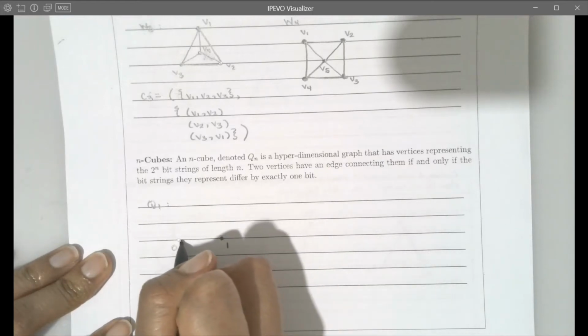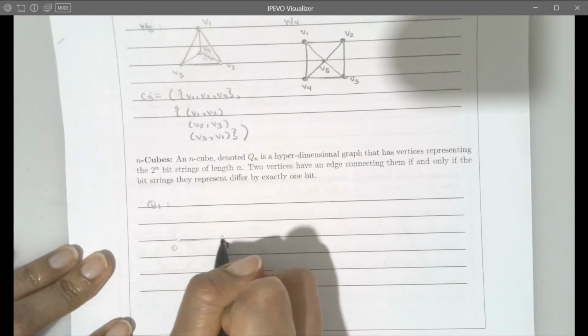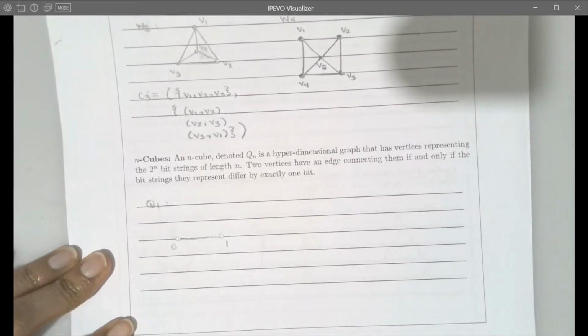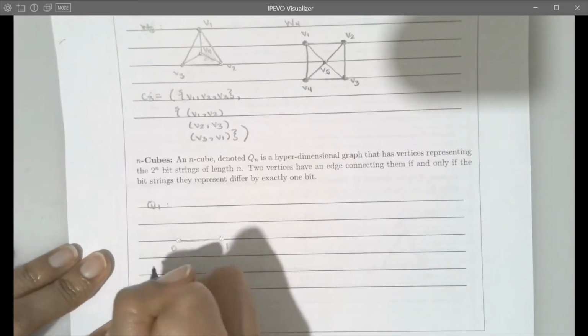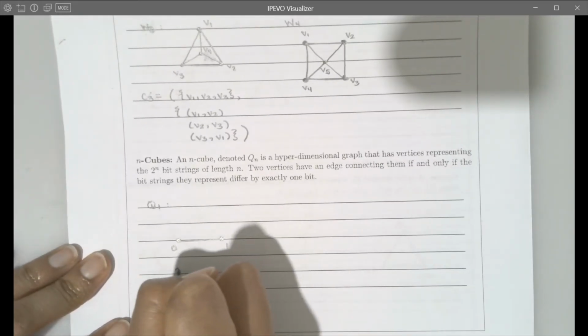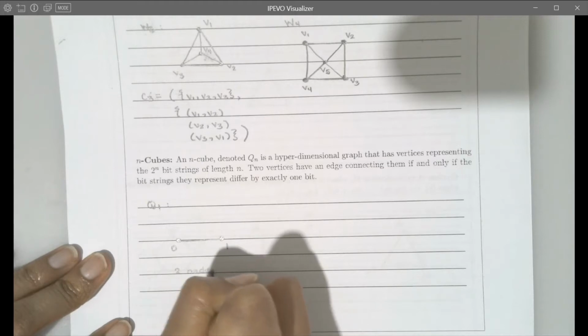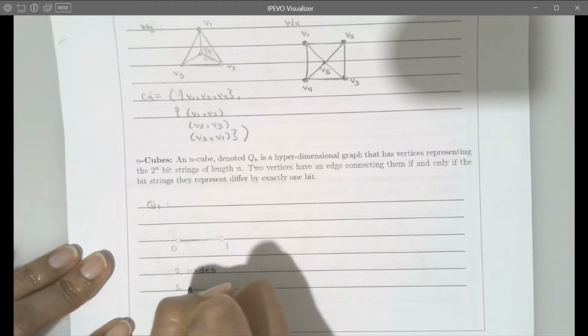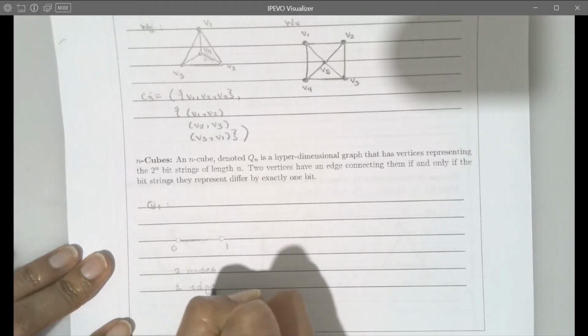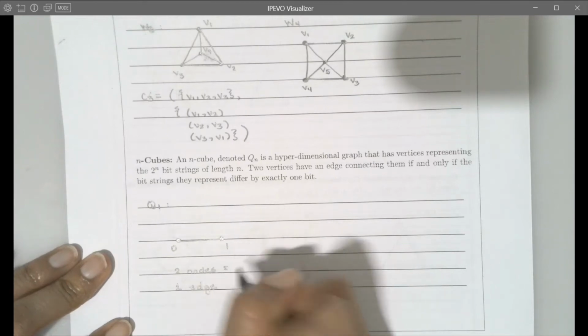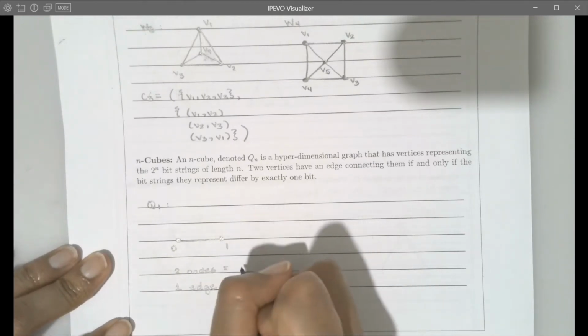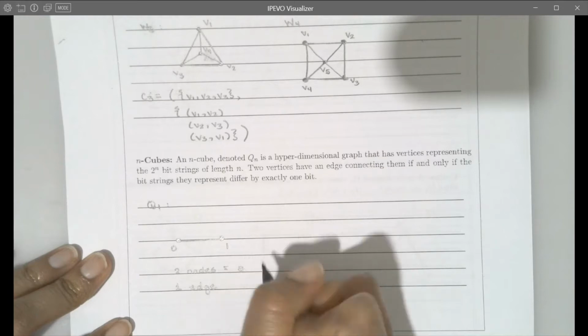And so the graph Q1 would consist of 2 nodes and 1 edge. And the number of nodes has to be consistent with the number of bit strings of size 1.